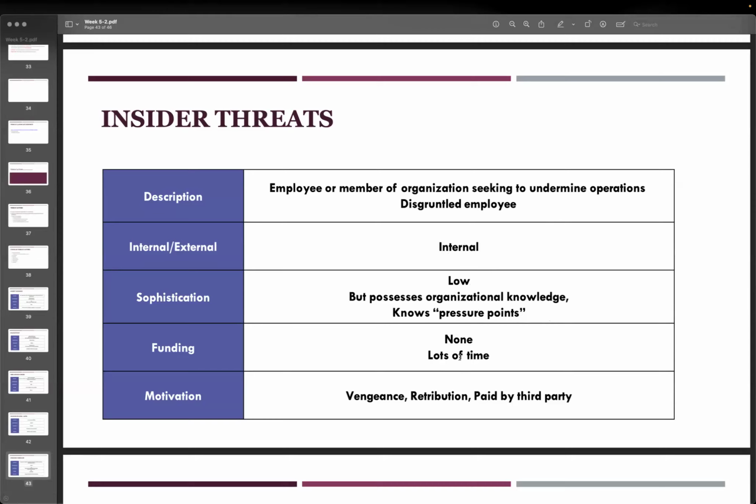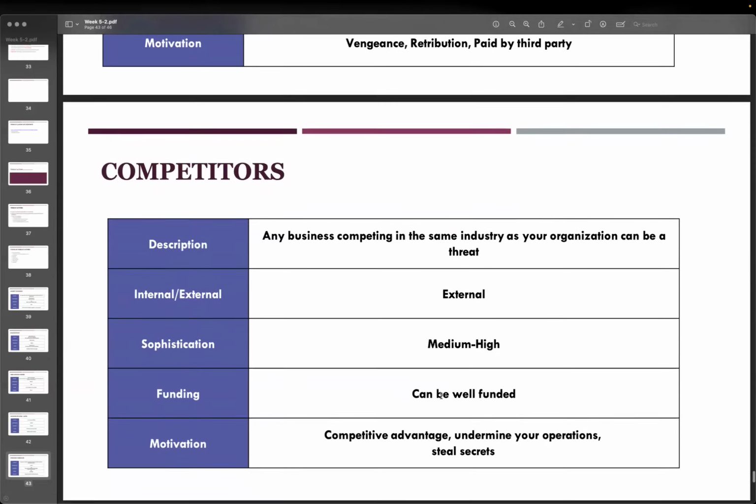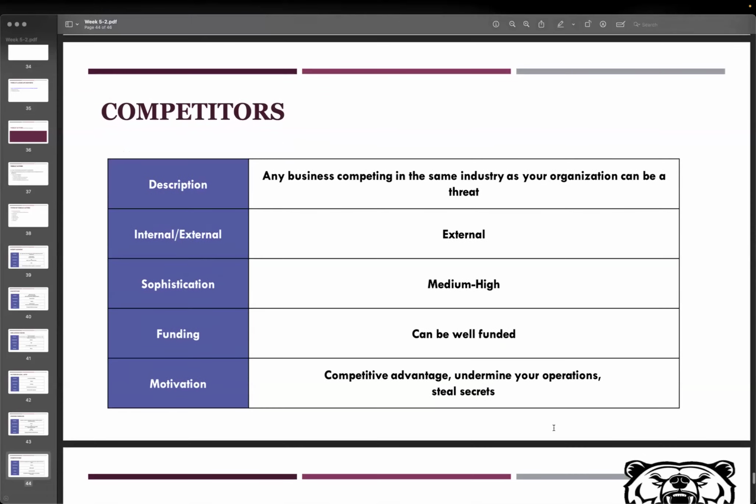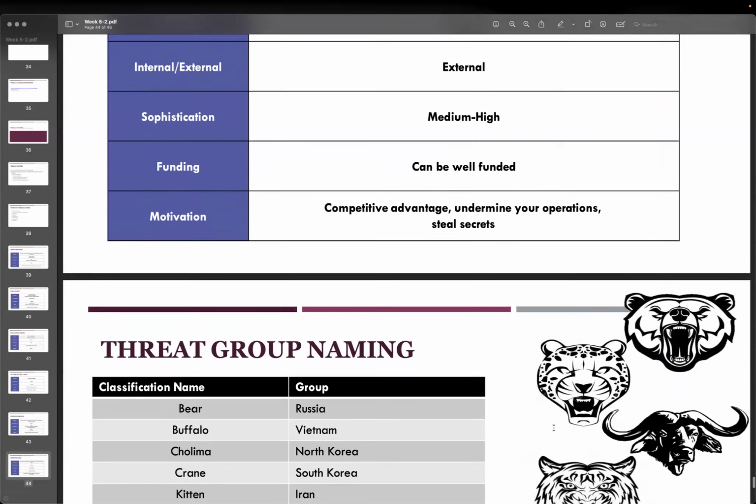Most of the time they spend lots of time, with no funding, and there may be other reasons. Then the competitor, another business in a similar field. They are mainly external, with medium to high sophistication, and can be well funded. They try to get some advantage from the competitor.